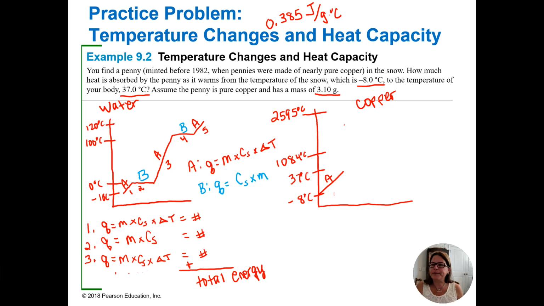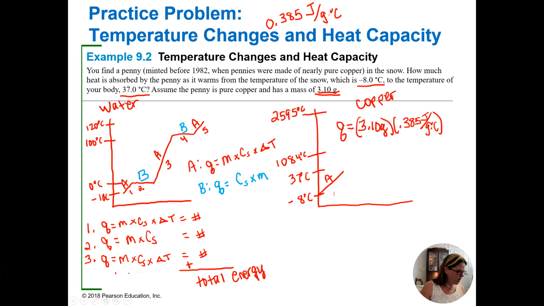So we're going to say Q is equal to the mass given times the specific heat, which we just looked up on the chart, and then the change of temperature.